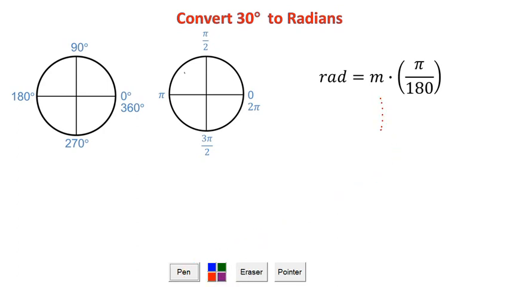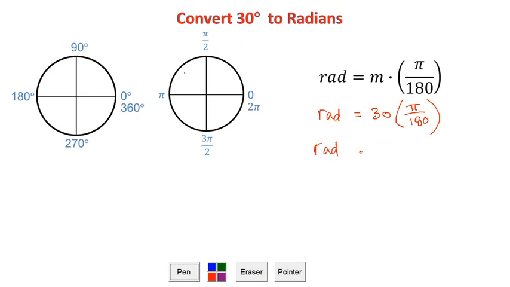Let's see how we do this. All right, if you are back, here we go. I'm going to find the radians, and that's going to be equal to the measure of the arc, which is 30 times pi over 180. And now I'm going to simplify this.